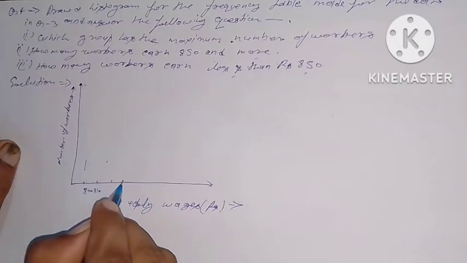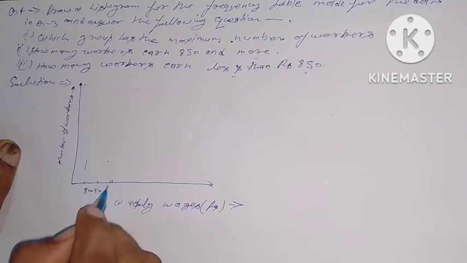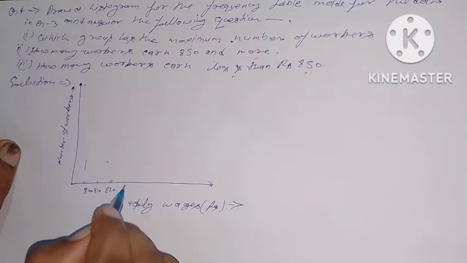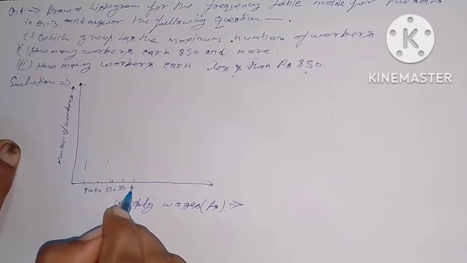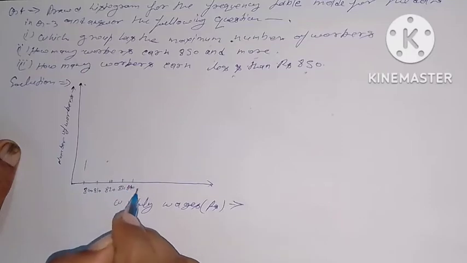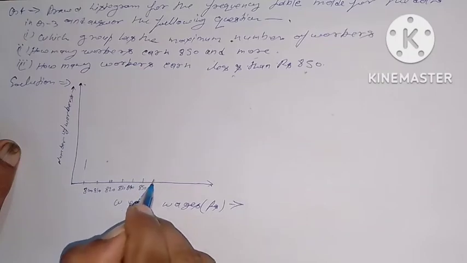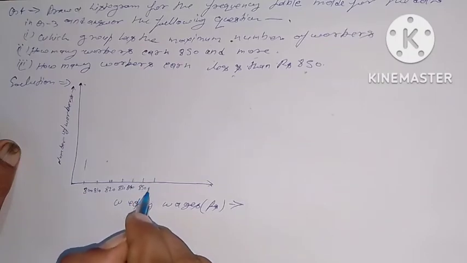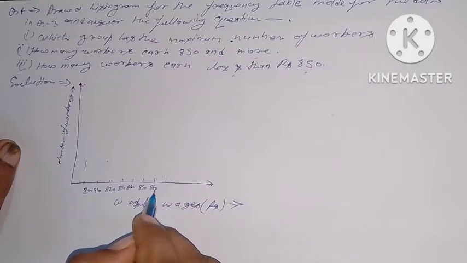Second is 810 to 820. Third is 820 to 830. Fourth is 830 to 840. Fifth is 840 to 850. Sixth is 850 to 860. Seventh is 860 to 870.